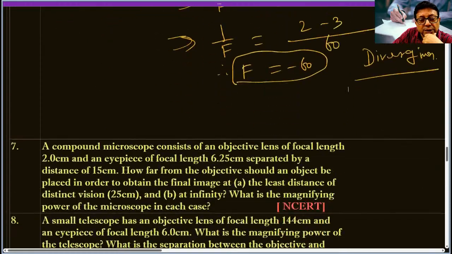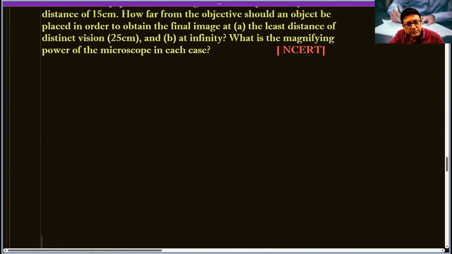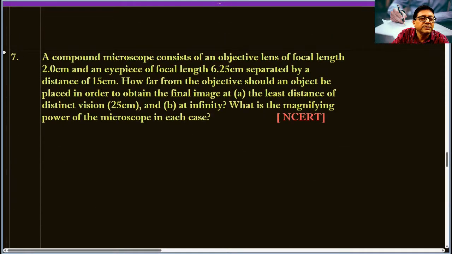Okay? Let us go for the next one. Read the sum. A compound microscope consists of an objective of focal length 2 centimeter, an eyepiece of focal length 6.25 centimeter, separated by a distance of 15 centimeter.